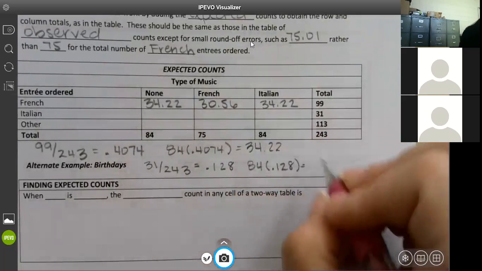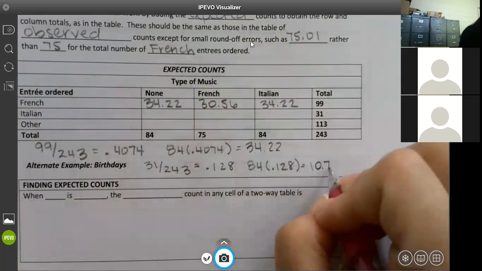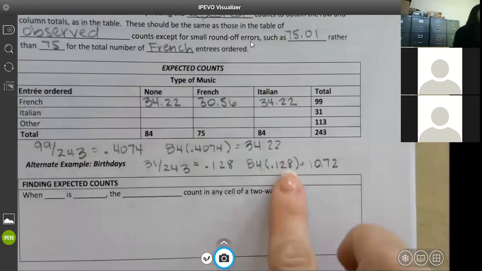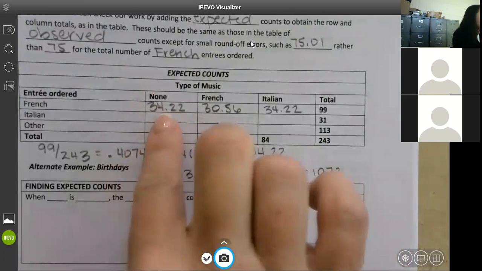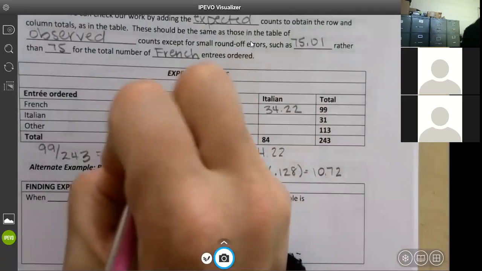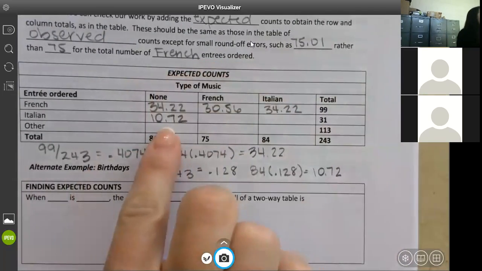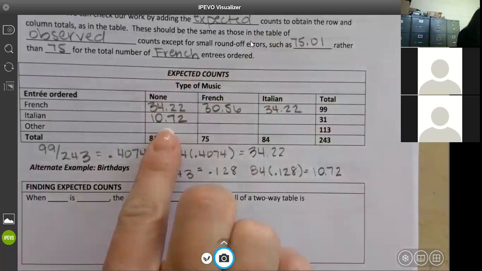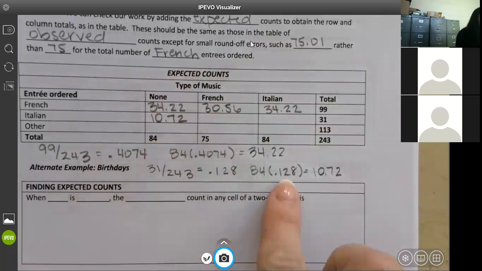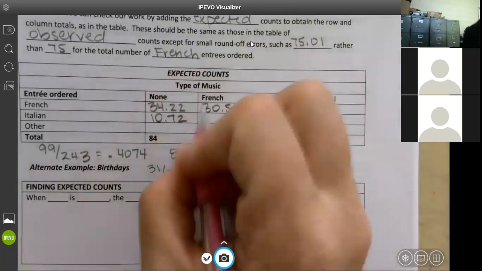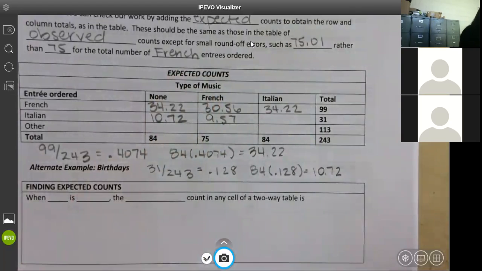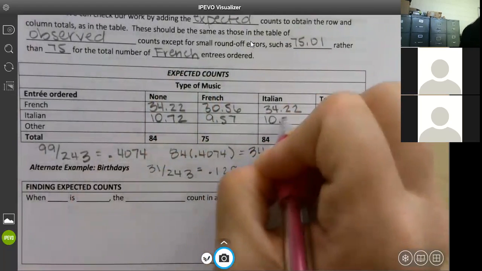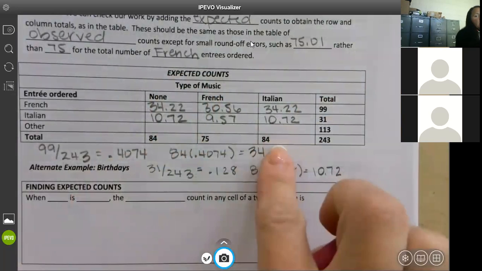Which gives us, I have 7.5, they have 7.2. I think they rounded a little bit more on this. They probably kept it as 31 over 243. Okay. So these numbers might be off just a little bit. I'm gonna go with what's in there. So I just wanted you to know how I got those numbers. I'm not gonna make you calculate them all. When you do 75 times that 31 over 243, you get 9.57. And then remember, this column is going to match because it's also 84.